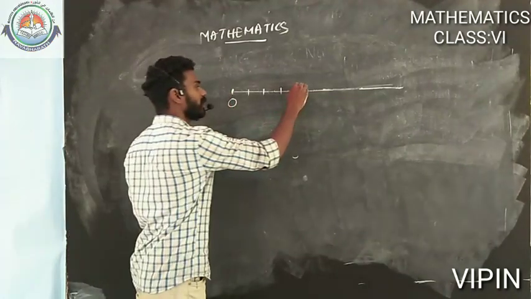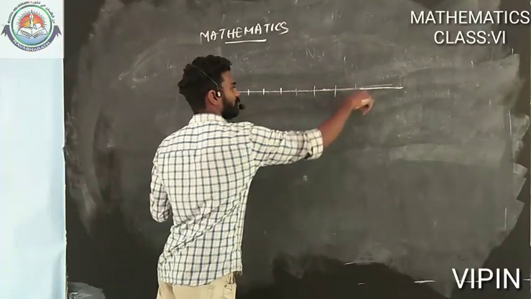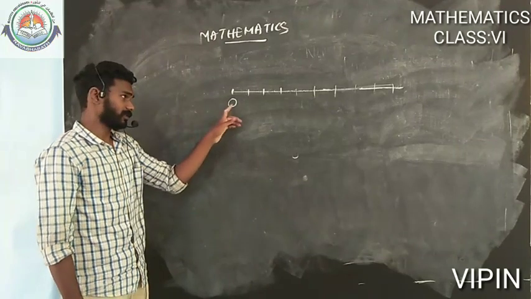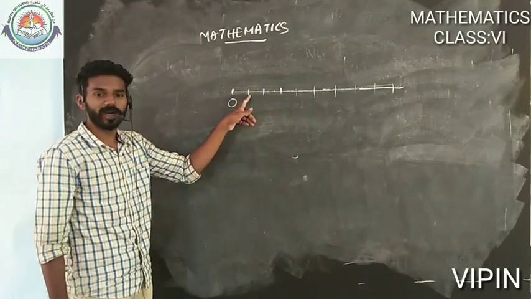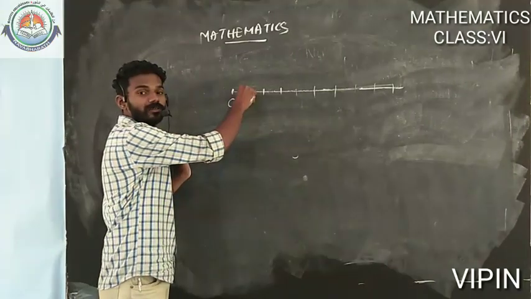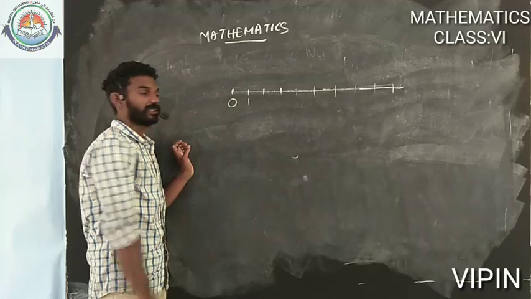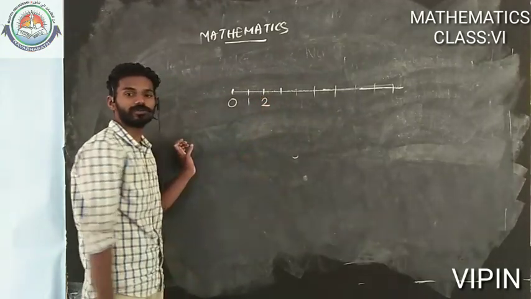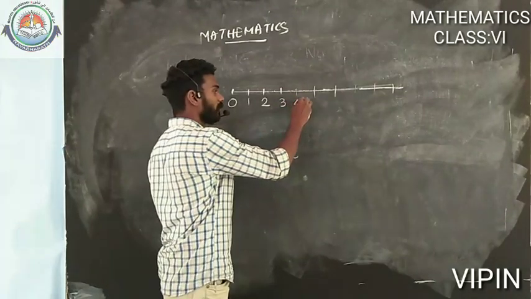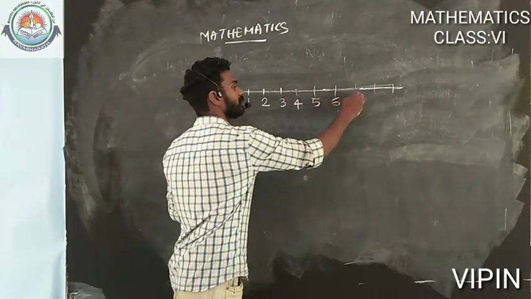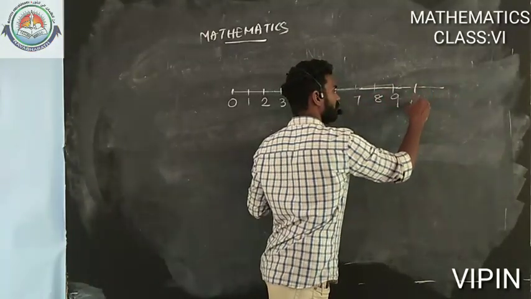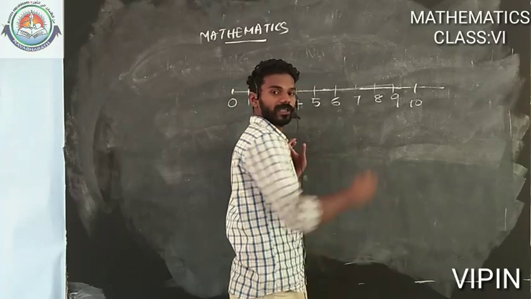So there would be a lot of points marked on this line. The first marking after 0 can be marked as 1. The next would be 2. The next would be 3. Next 4, 5, 6, 7, 8, 9, 10, 11, etc.